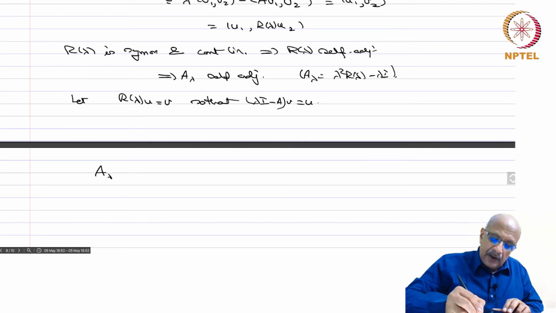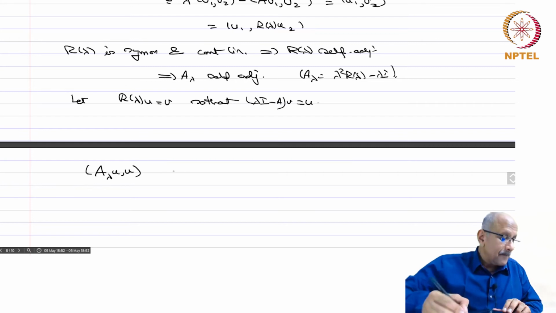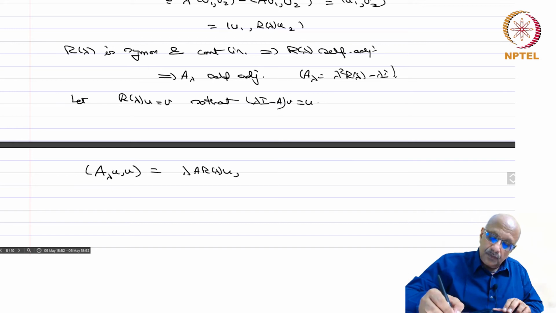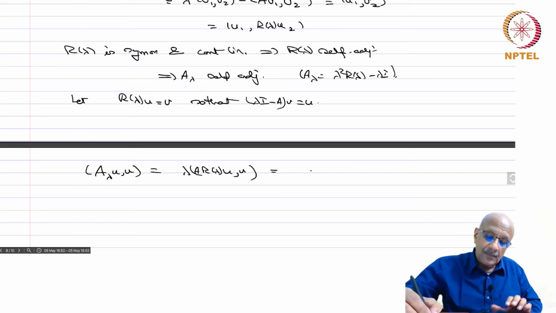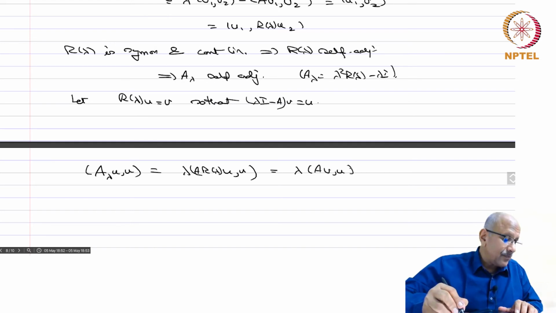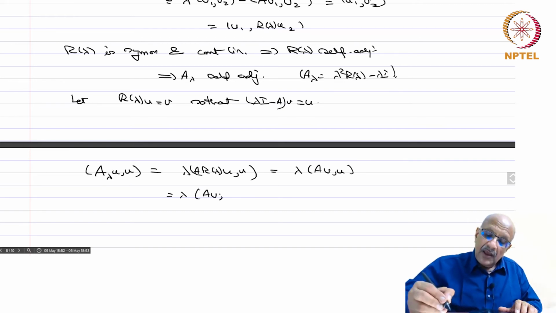Now, A lambda u equals lambda A R lambda u, and R lambda u is equal to V. So, this is lambda A V, u, which is equal to lambda AV, and then what is u?